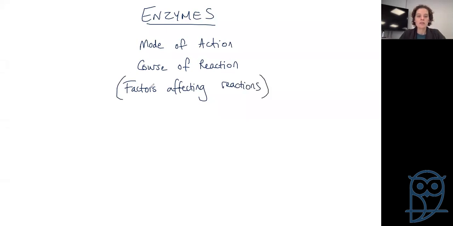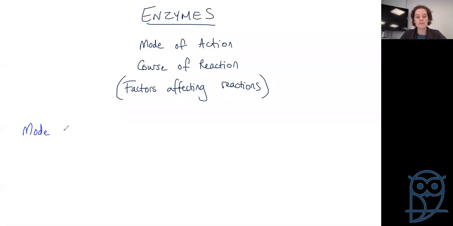So this one is when we're talking about temperature, pH, substrate concentration, and enzyme concentration. And that's what we've actually focused our enzyme live lessons on up till now. So today we're going back to the basics and we're going to look at the mode of action and the course of reaction.